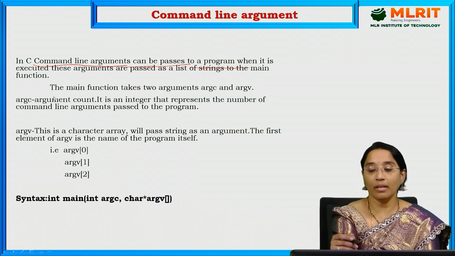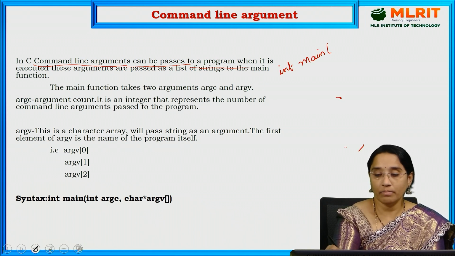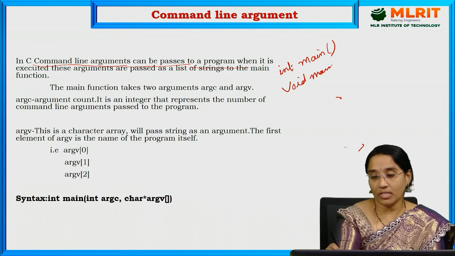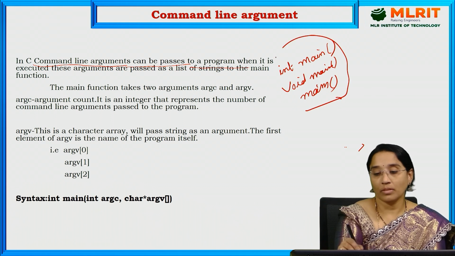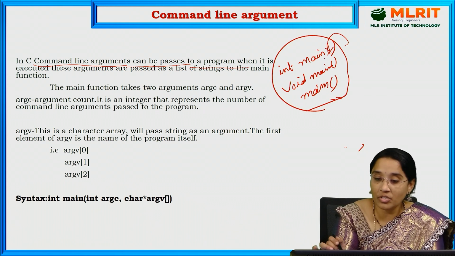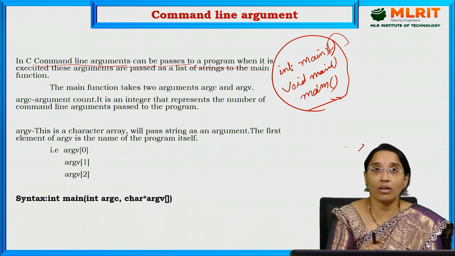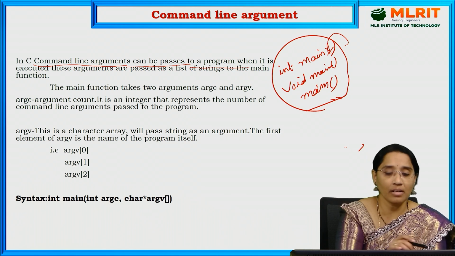Generally, every time we start writing a program, you write int main, void main, or in some compilers simply main. So if you pass arguments as strings to the main function, how will the values be passed? That we will see here.